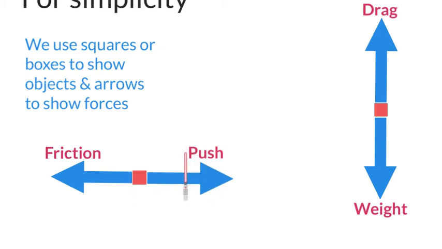I know because the right hand pushing to the right is labelled as push. Now the box is rubbing on the surface, and as we've seen, friction is a force between two things rubbing together. And friction is actually trying to stop it going that way, so it's pushing that way. That's a bit tricky sometimes.